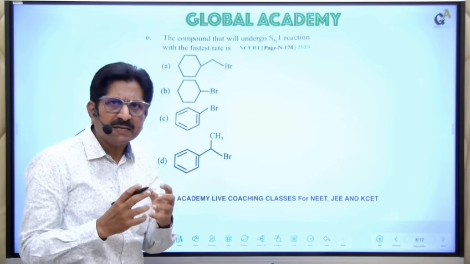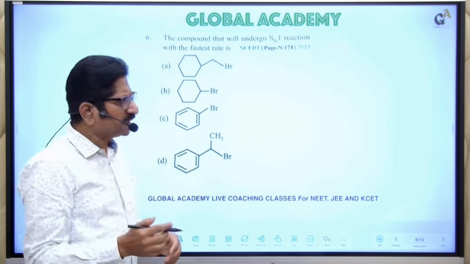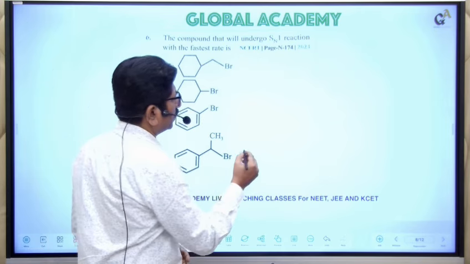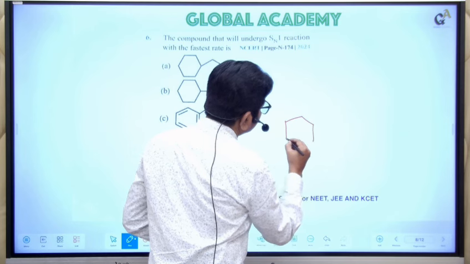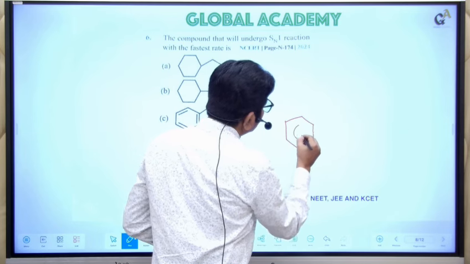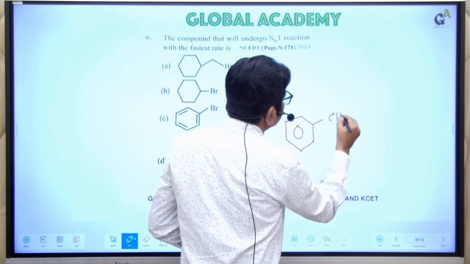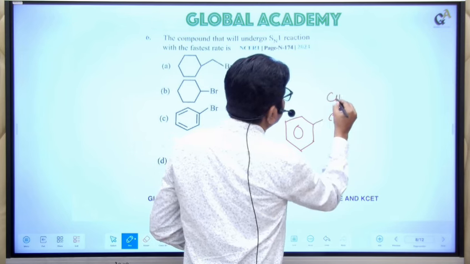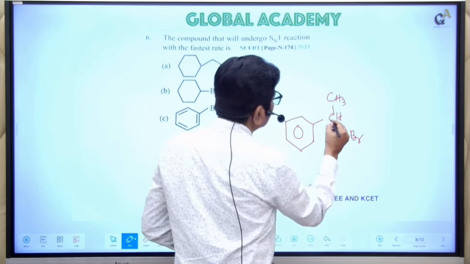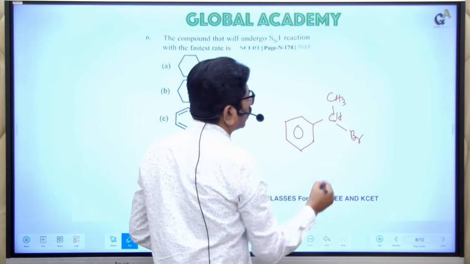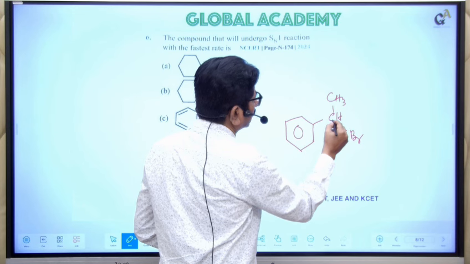The secondary carbocation has to be formed very fast, and because of that reason, this compound, I'm just writing that, CH3 Br, is the compound which easily forms a secondary carbocation.